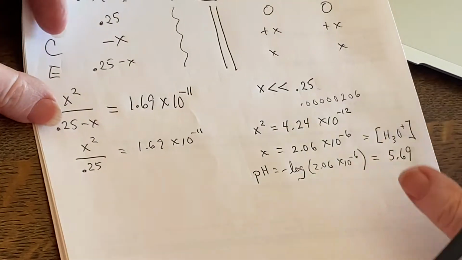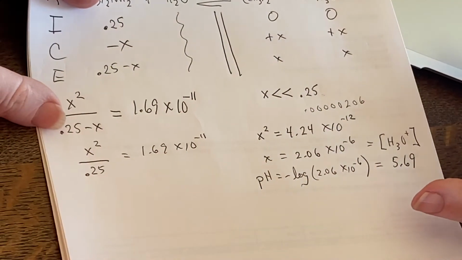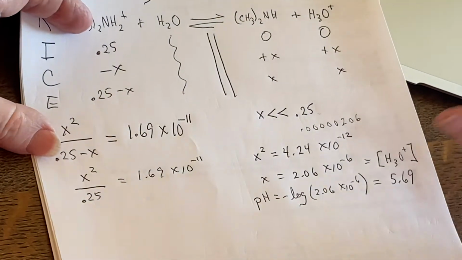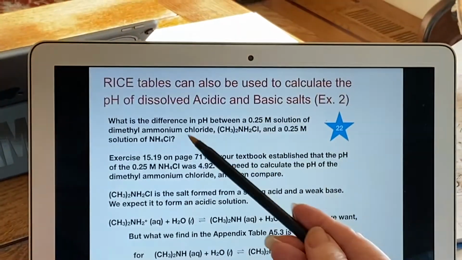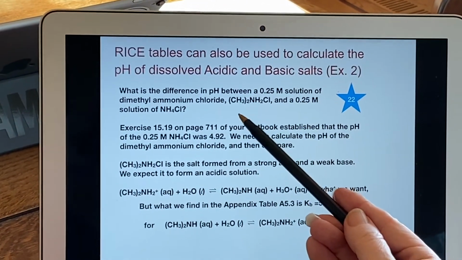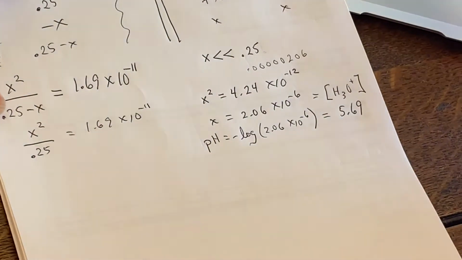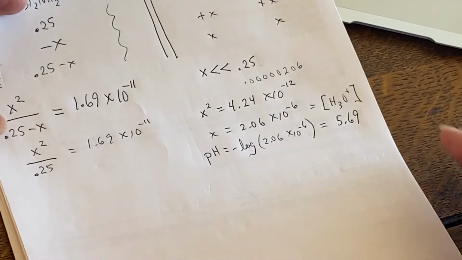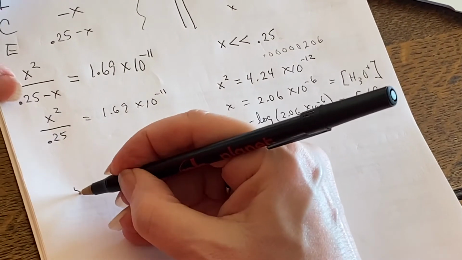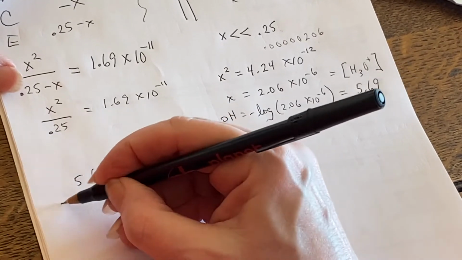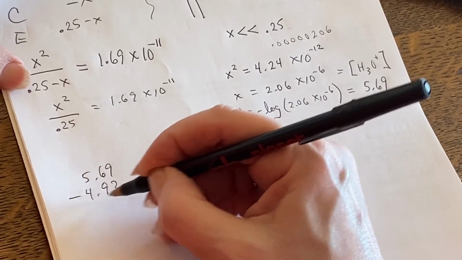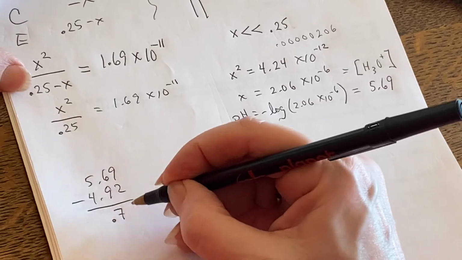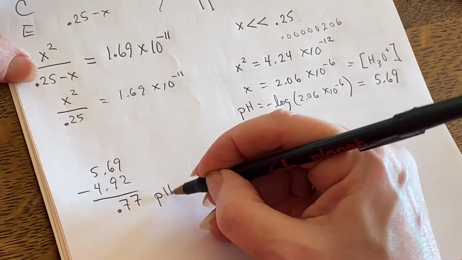And this is where I say, you think you've done plenty of work. We have to, though, answer the question. It says I'm supposed to say the difference in pH. Well, here's what I just came up with, and from the previous problem, that was a 4.92. So 5.69 minus 4.92 ends up being 0.77 pH units.